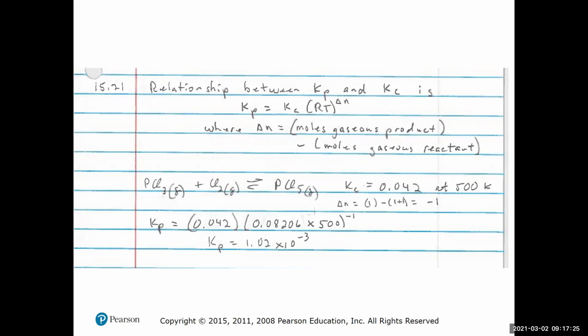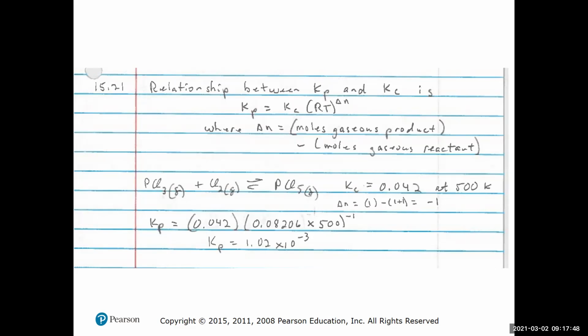Our temperature, we're told, is 500 K, so the units are fine. Then it's just a matter of plugging those values into our formula. Our K sub C, we were told, was 0.042. Our gas constant is 0.08206, and then that 500 Kelvin.